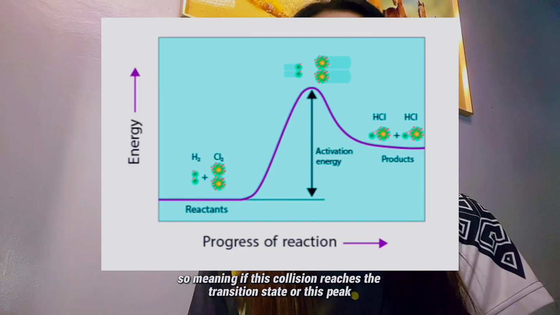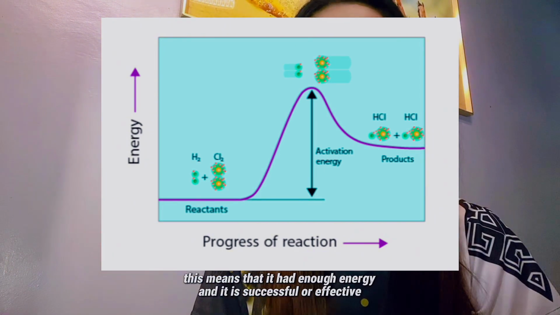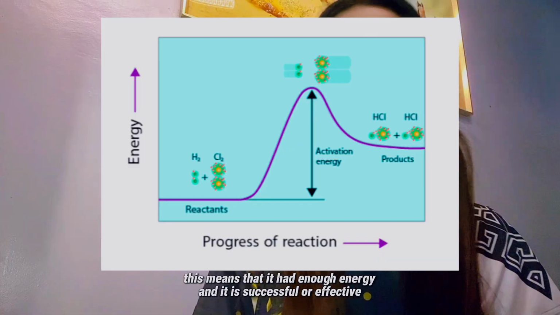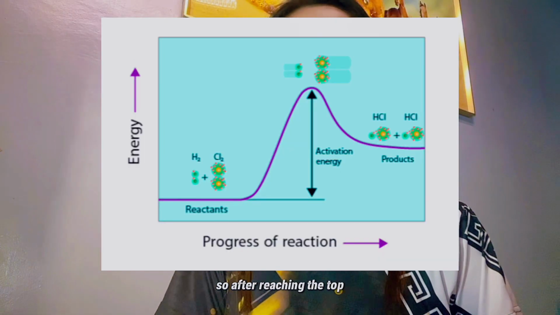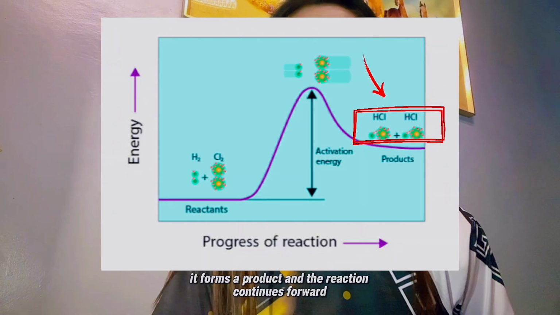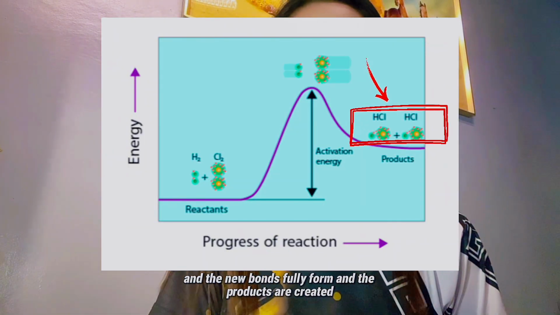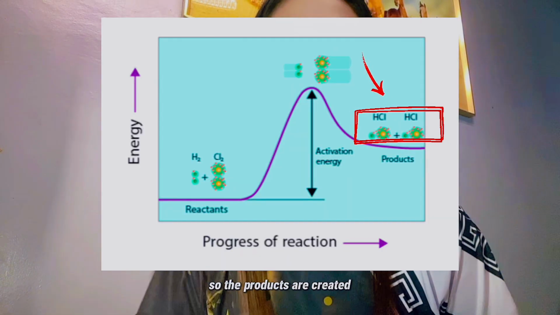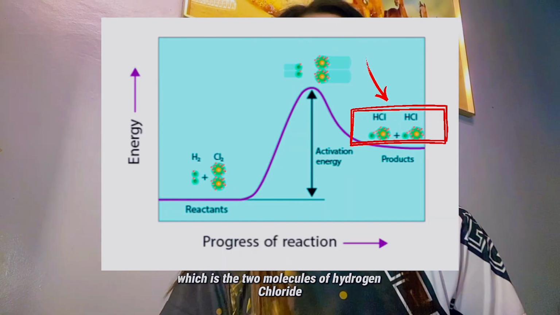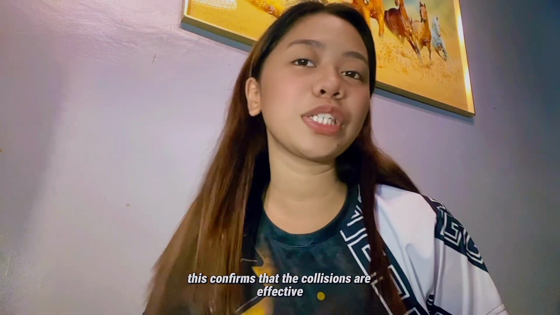So meaning if this collision reaches the transition state or this peak, this means that it had enough energy and it is successful or effective. So after reaching the top, it forms a product and the reaction continues forward and the new bonds fully form and the products are created, which is the two molecules of hydrogen chloride. This confirms that the collisions are effective.